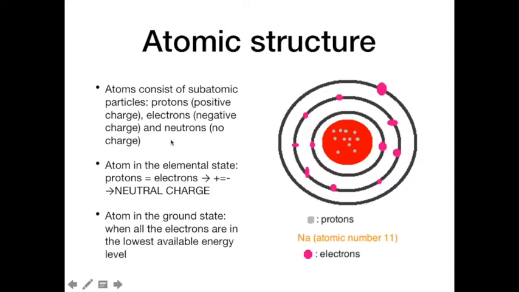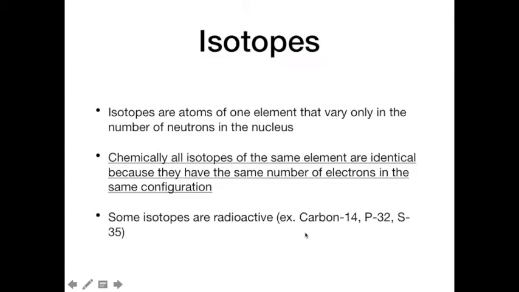We need more information, the mass number, as it is called. And why can't we? Because it is not stable. Different sodium atoms have different numbers of neutrons. Those different atoms of the same element, sodium, are called isotopes.